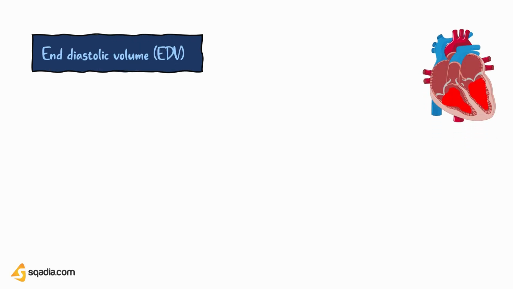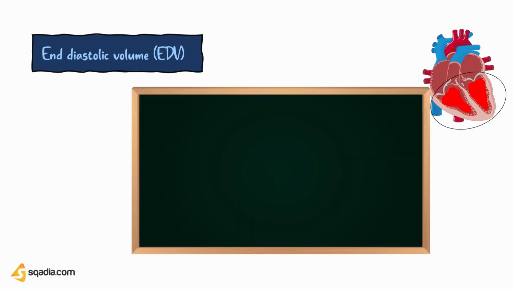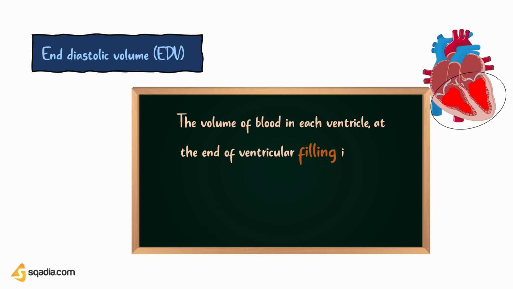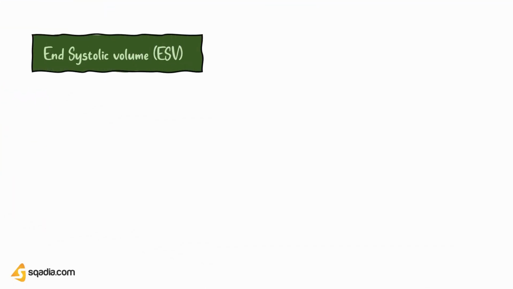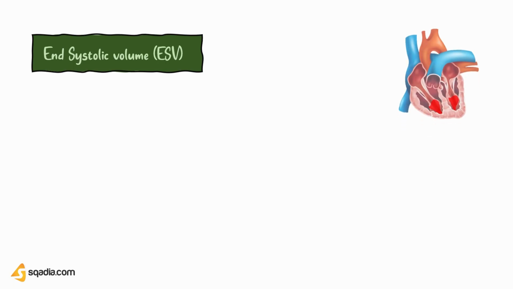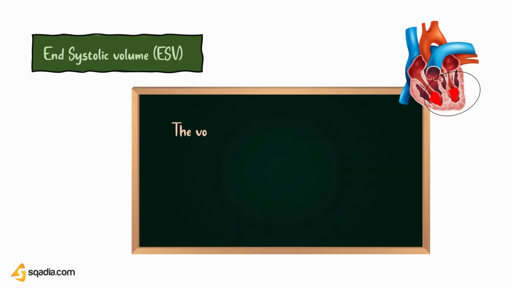Next important term to keep in mind is end diastolic volume, or EDV. The volume of blood in each ventricle at the end of ventricular filling is called the end diastolic volume, which is about 120 milliliters to 130 milliliters in the adult human, whereas end systolic volume, or ESV, is defined as the volume of blood in each ventricle at the end of systole or ventricular contraction.